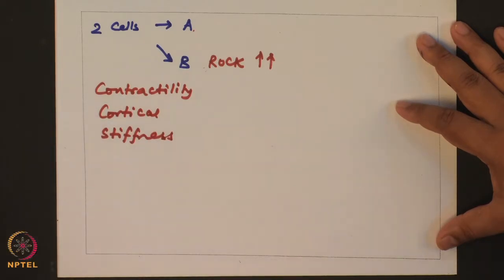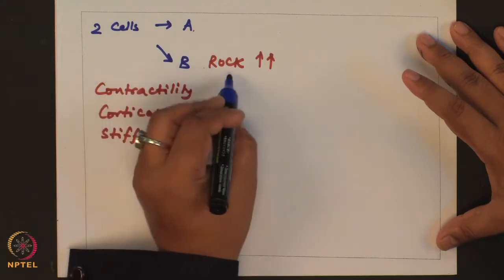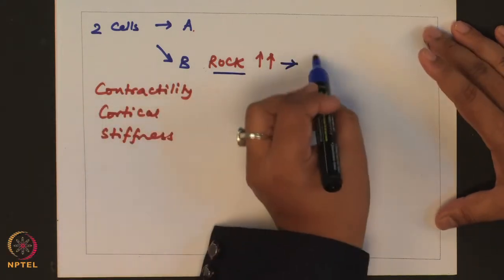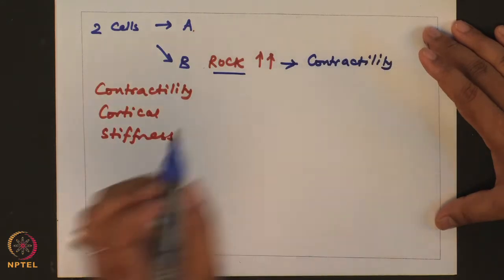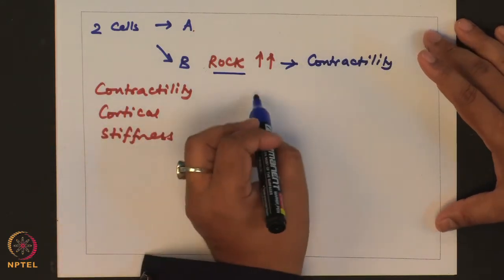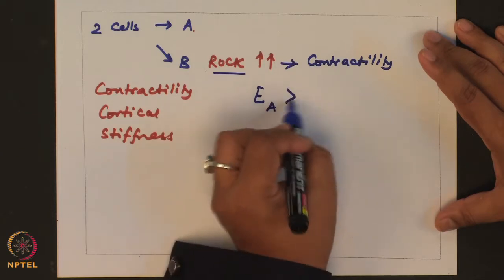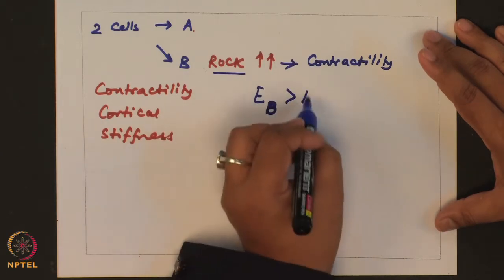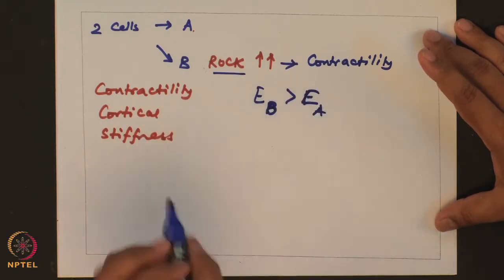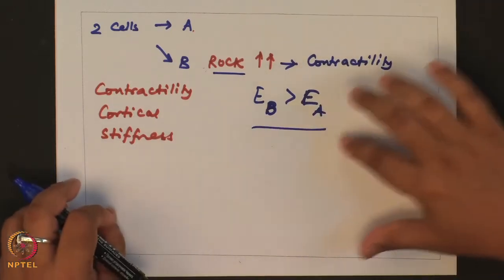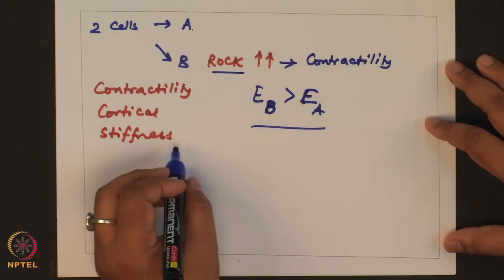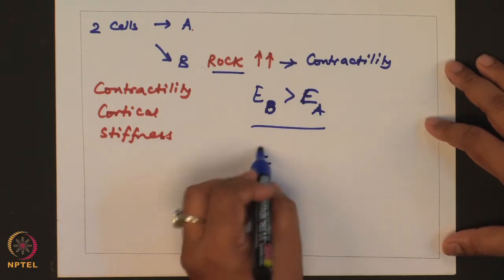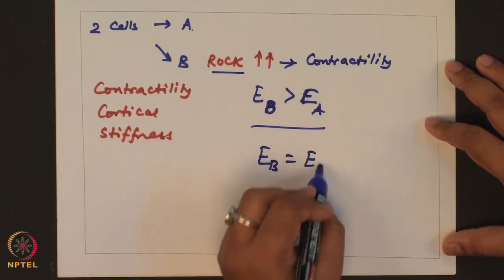What you were initially expecting was, because B has a higher amount of ROCK activity which contributes to contractility, that E of B is greater than E of A. But to your surprise, you did not observe any change. You found E of B equal to E of A.